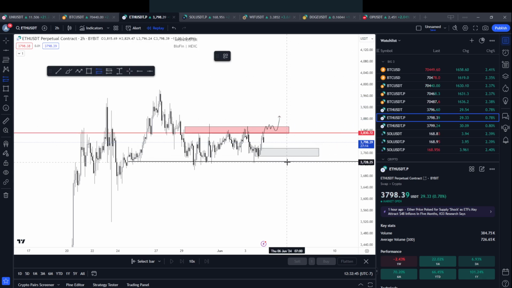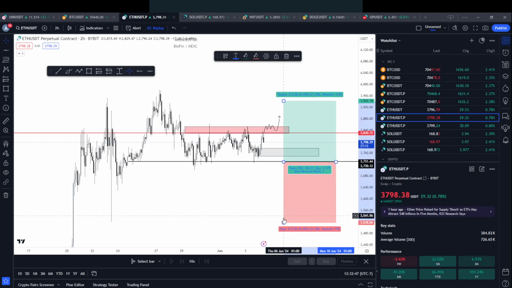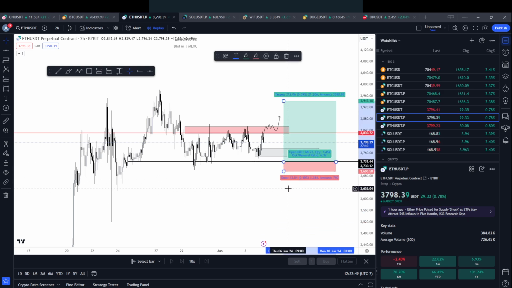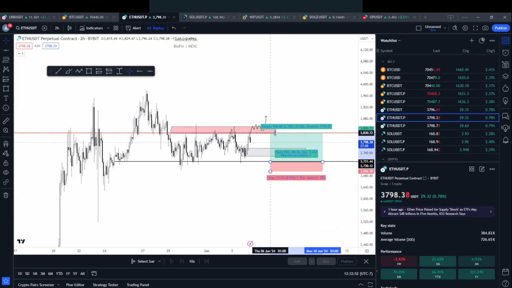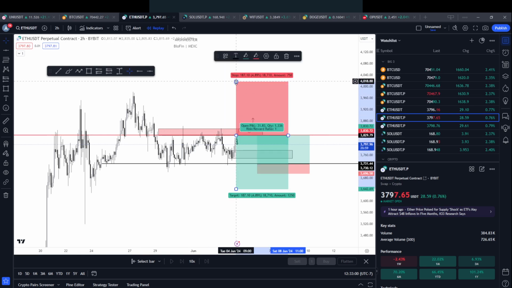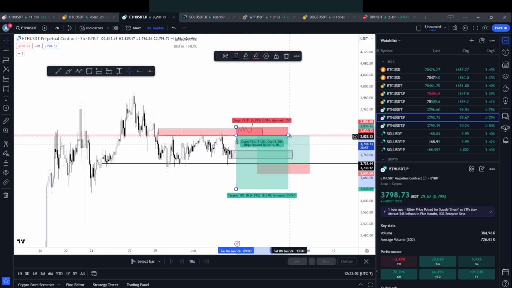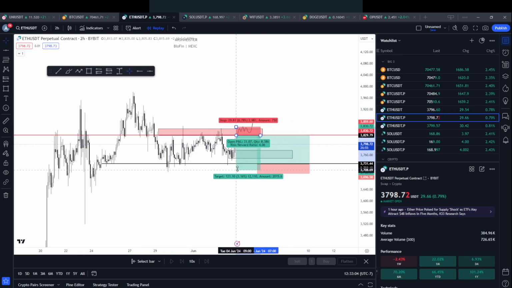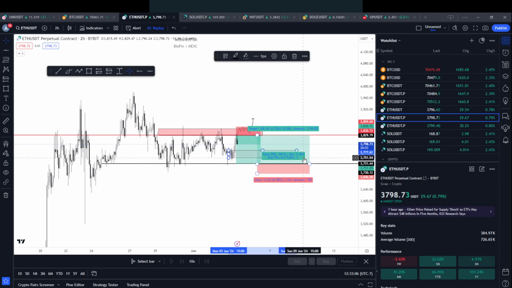My suggestion would be long range lows until broken, back to the highs, and then if you were shorting, range highs would be the area to short. So this would have been your setup, back down to range lows.